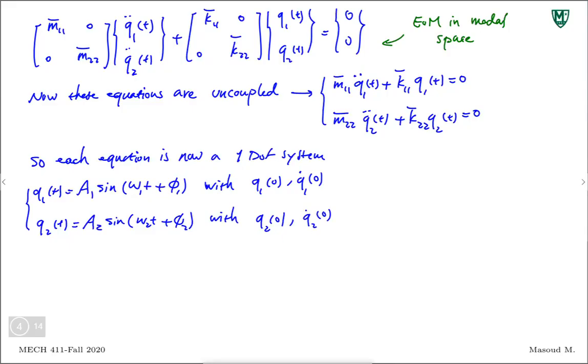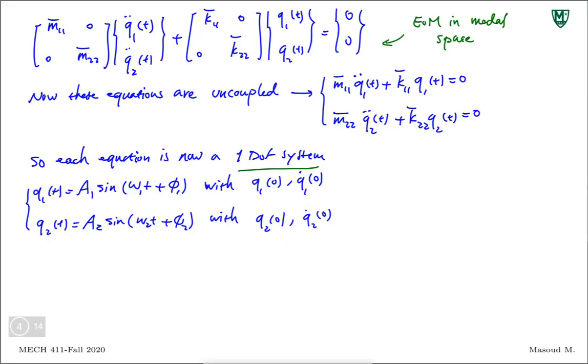This is the system with single degree of freedom. I just replaced x with Q1. It's a single degree of freedom system, spring mass damper. So each is just a single degree of freedom system. So we can solve this. We can get Q1(t) and Q2(t) and then transform this back into physical domain. I'll talk about it in the example and how to do it. It's a very straightforward approach.